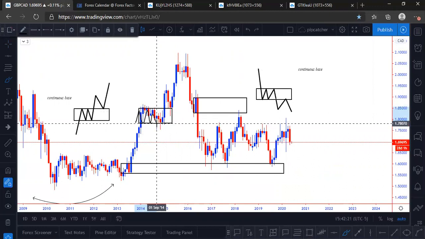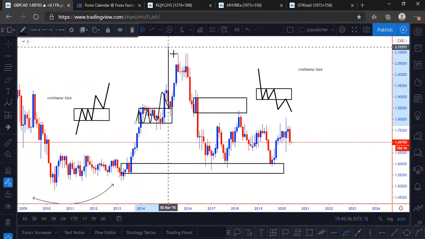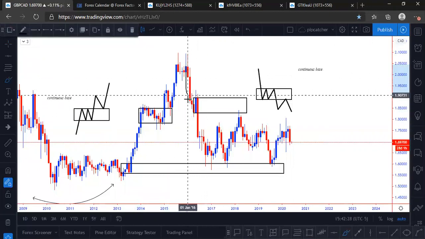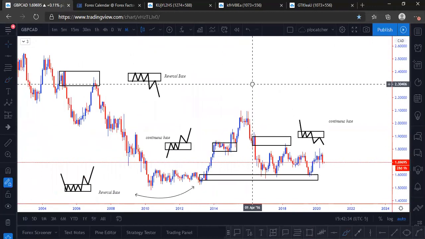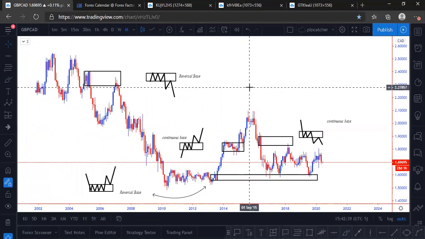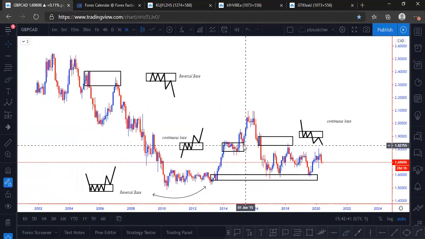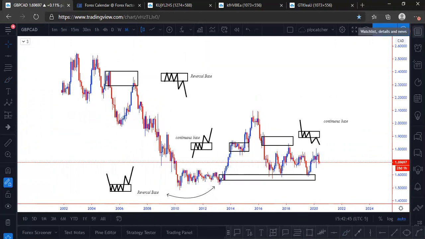So you'll see that consolidation, impulse, correction, continuation, or you'll see a quick pullback and then continuation. Those are the two. Maybe there's more than two, but those are your two basic variations of continuous bases.